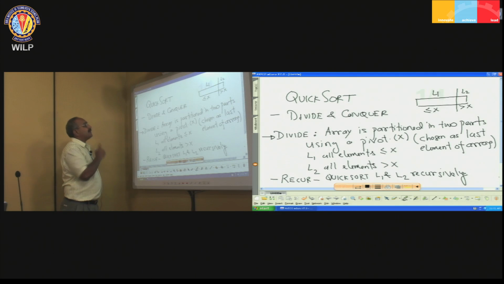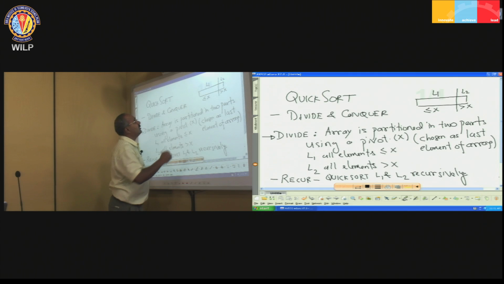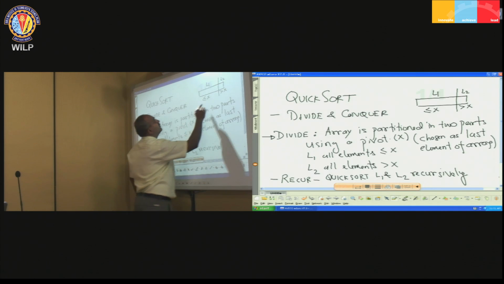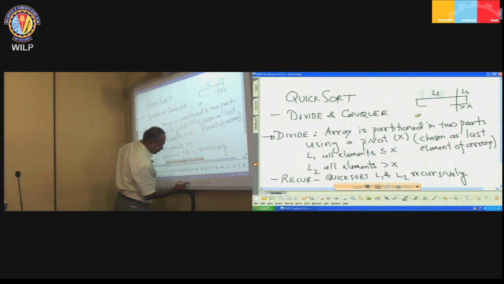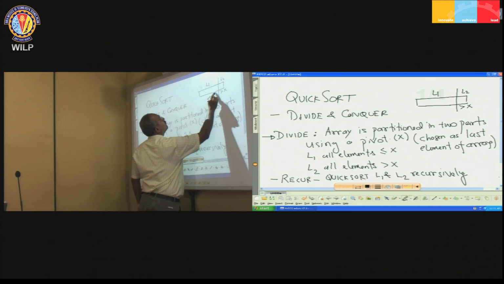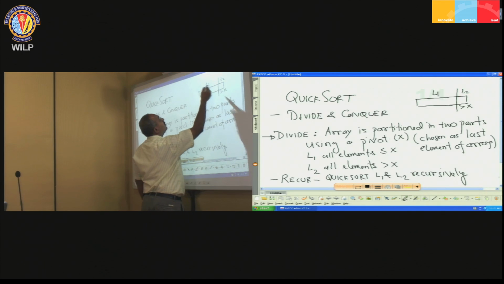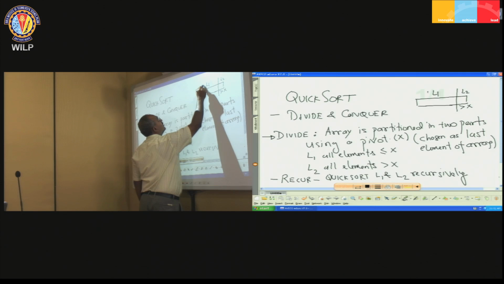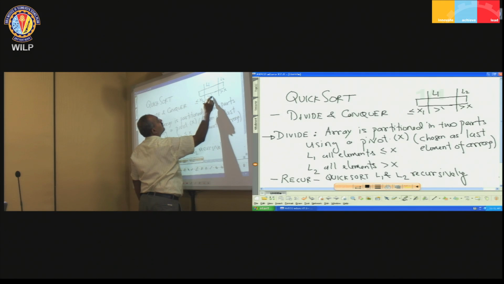If I look at say L1, now you will choose a pivot in L1 and partition L1 into two parts. Say these are all elements less than or equal to x1, where x1 is the pivot in L1, and these are all elements bigger than x1.